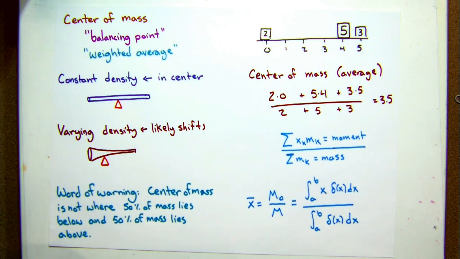Say I have 2 units of mass at 0, 5 units of mass at 4, and 3 units of mass at 5. And what I'm after is the average. And I call it the weighted average. Now I say weighted because when you have more mass at a point, it should be more important.